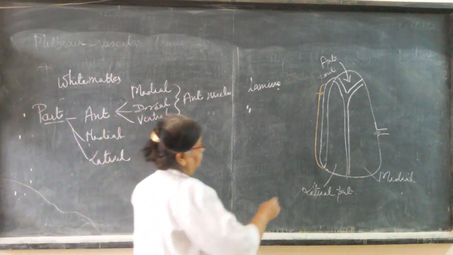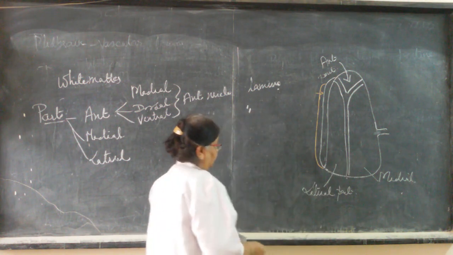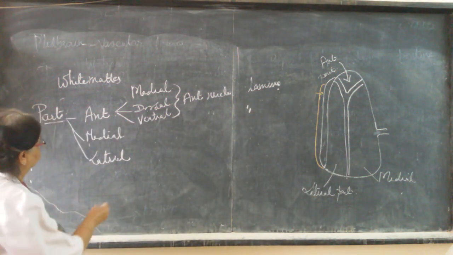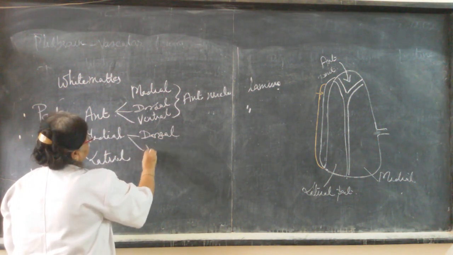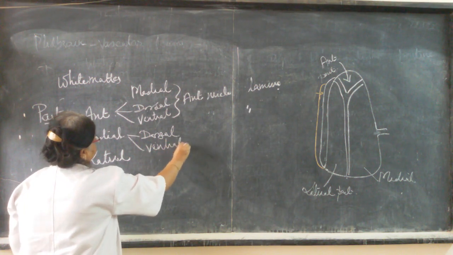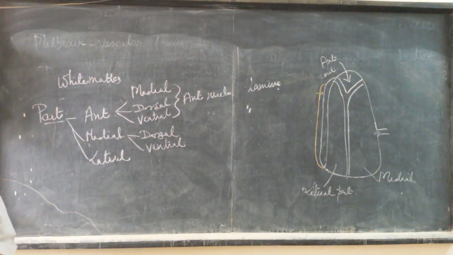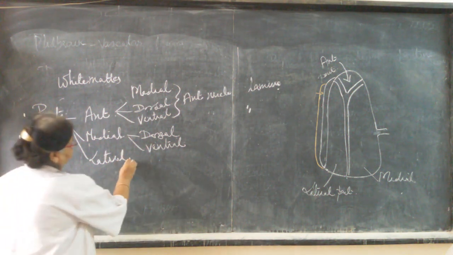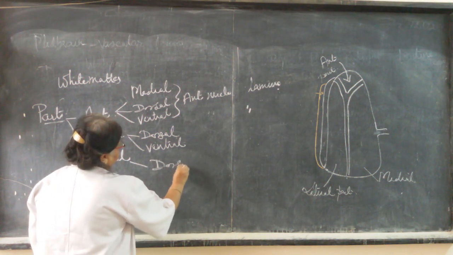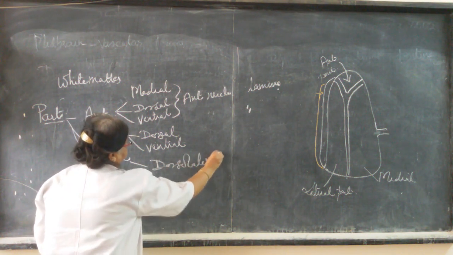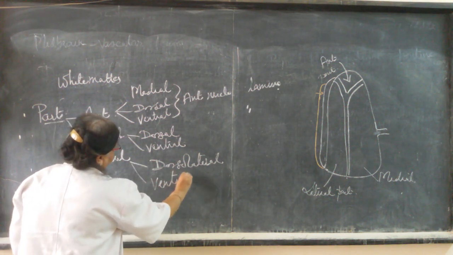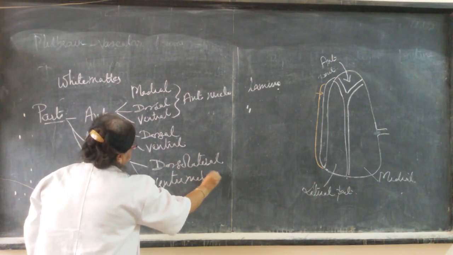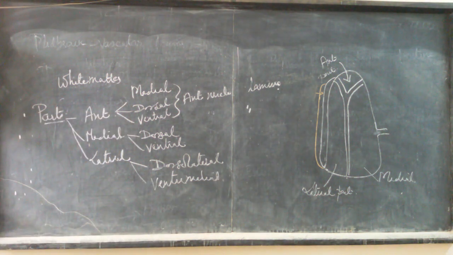Now, this is the medial part. The medial part contains dorsal and ventral nuclei. And the lateral part contains two sets: the dorsolateral and ventromedial group of nuclei.